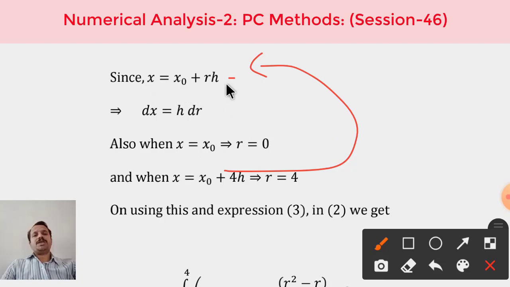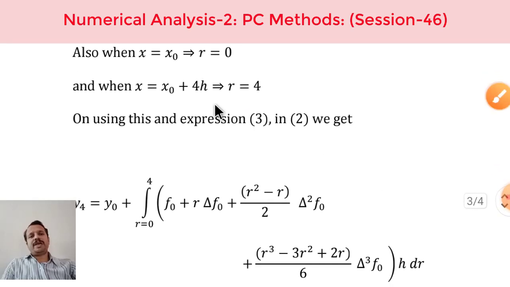But x value is x naught plus rh, which we have known just earlier. Now x naught plus rh is equal to x naught plus 4h. You simplify this by cancelling x naught on both sides. Now h can be cancelled from both sides. What is remaining? r is equal to 4 is remaining. That's why we are having the upper limit r equal to 4 at this point. So I hope you understood how to get the lower and upper limit.